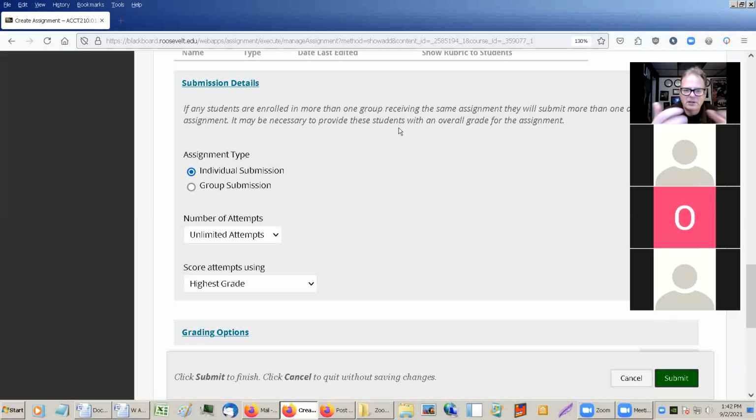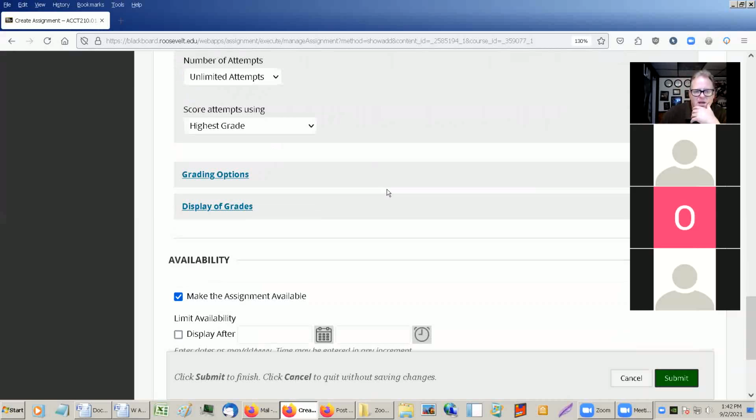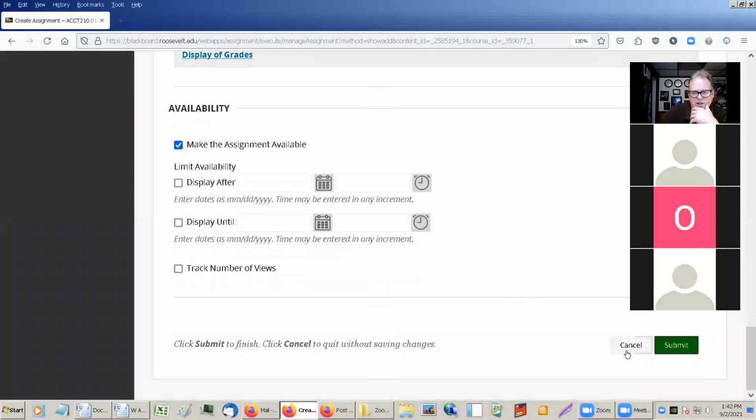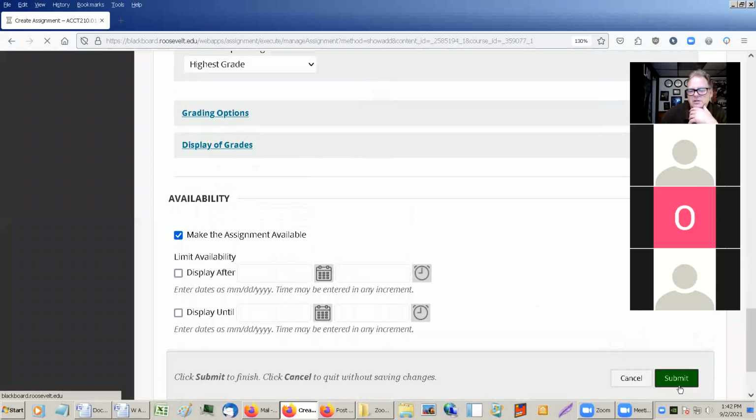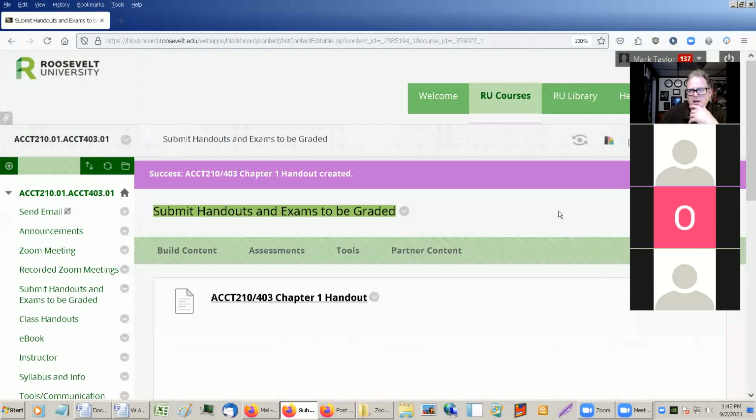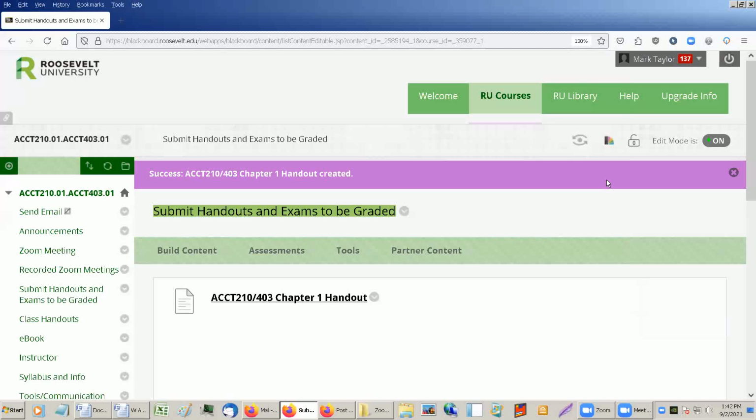So if you submit the wrong form, just submit the right one. Let's make it available.